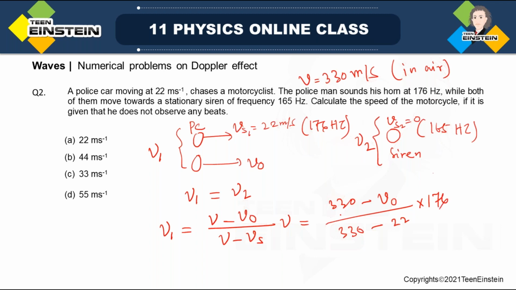So the apparent frequency heard by the observer for the police horn is this much. I'll just keep this as it is, and let me find out the nu2 also.